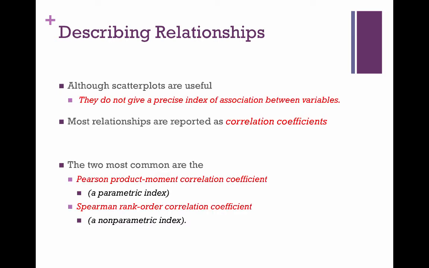Scatter plots are useful, but they don't give a precise index of association between variables. For that, we would need to look at correlation coefficients, which are a statistic. The two most common types of correlation coefficients are the Pearson Product, which is a parametric statistic for correlation, and the Spearman rank order, which is a nonparametric statistic for correlation.